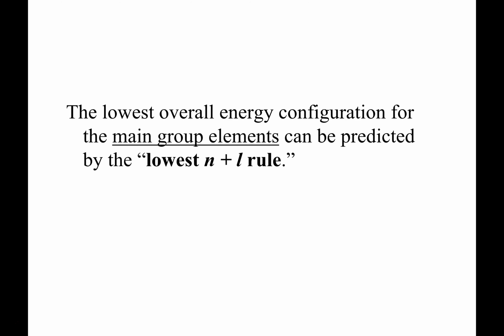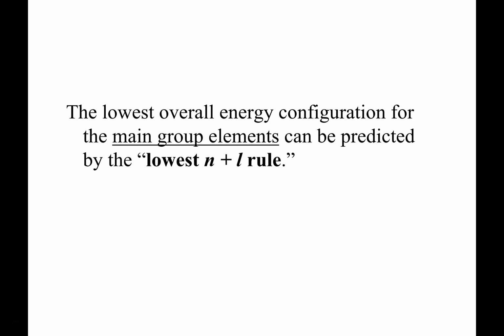So when it comes down here to 1s, the N value is 1, and the L value is 0. Okay, so 1 plus 0 is 1. Here we have 2 plus 0, I'm liking 2. Here we have 2 plus 1, I'm liking 3. Here we have 3 plus 0, another 3.